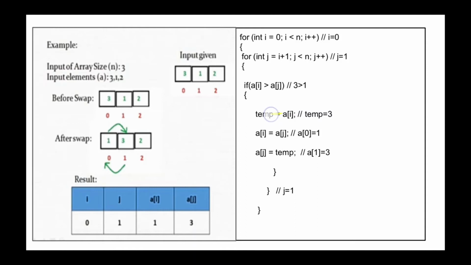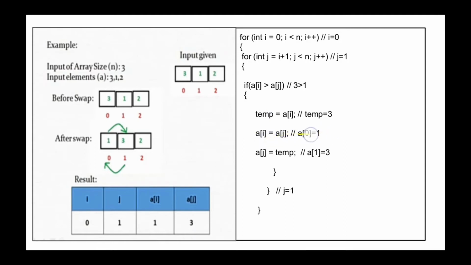The a of i value is 0, greater than a of j, where the j value is 1. Then check: the 0th location element is 3, greater than a of j. The j value is 1, the 1st location element is 1. So 3 is greater than 1. The condition is true. Then go to the next condition.